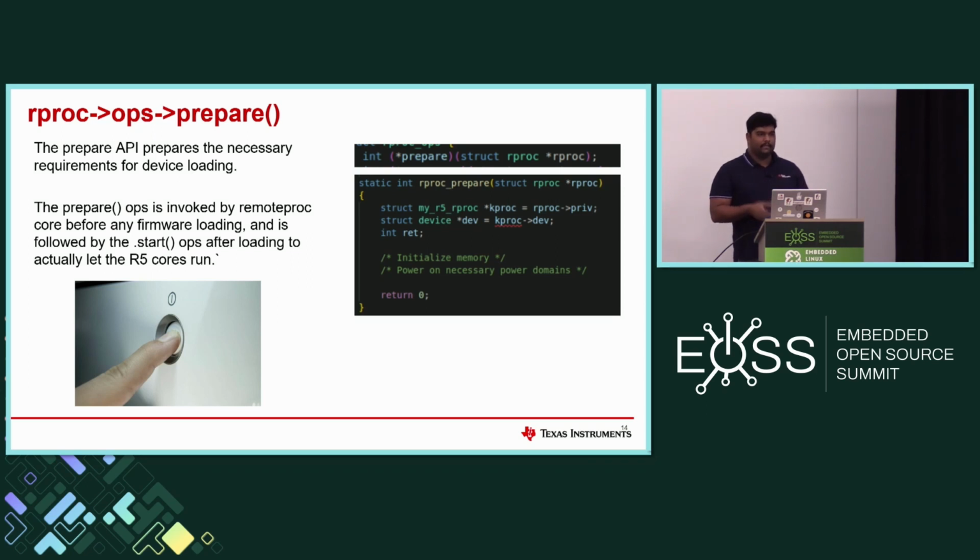It will be called before loading the firmware and before starting to run the code. This is how you implement it. Sometimes you might even need to set the TCM or SRAM to 0. You need to do a memset and clear the stray values in the memory. That's what the prepare function does.